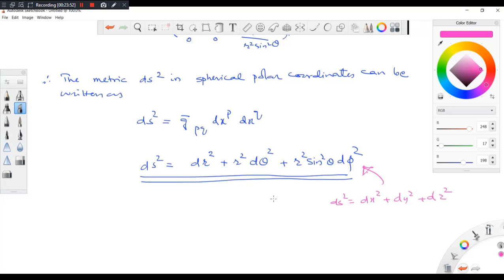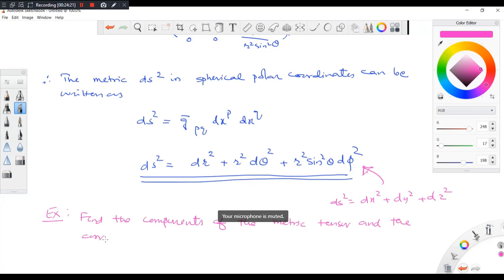Okay, next I give you an exercise. Find the components of the metric tensor and the corresponding conjugate tensor in cylindrical coordinates.